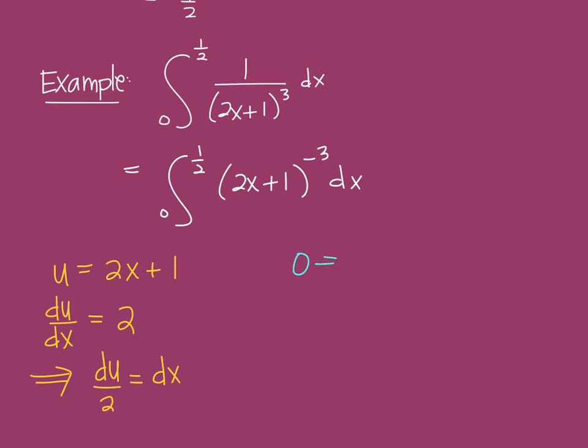So 0 will get plugged into 2 times 0 plus 1, because that was what I chose for u, 2x plus 1. 0 is an x value. So 1 is my new lower bound. 1/2 gets plugged into 2 times 1/2 plus 1. That turns out to be 2. And so my upper bound is now 2.